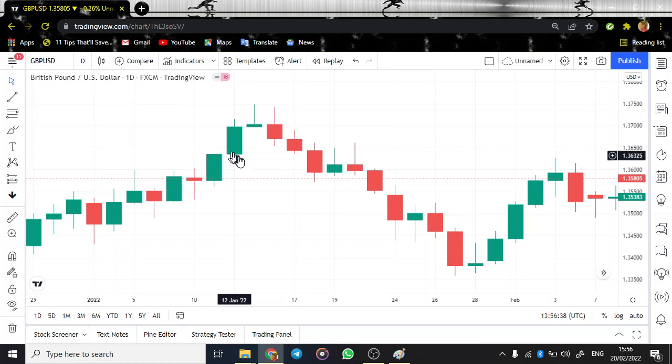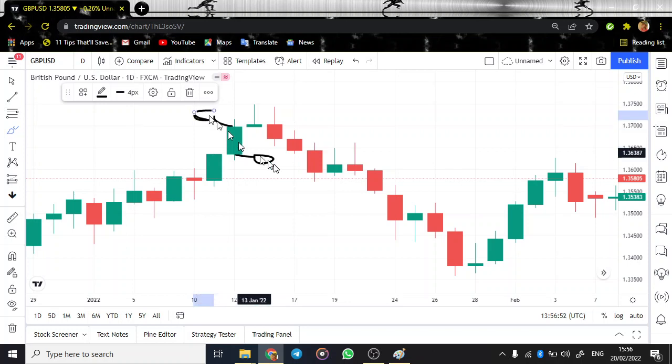So if we have a bullish candlestick, remember, for a bullish candlestick to form, it opens lower, and it closes higher. So if it closes up here, it opens here and closes here.